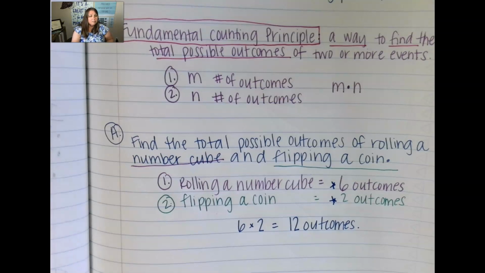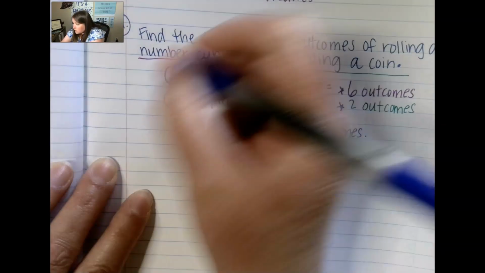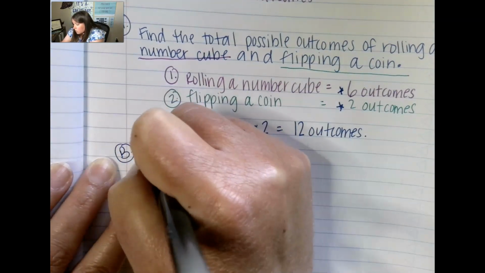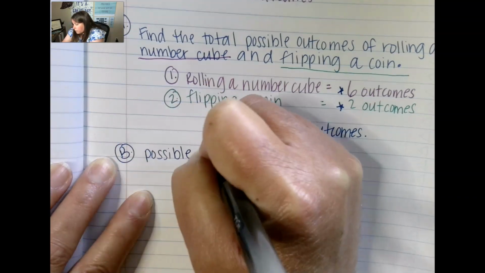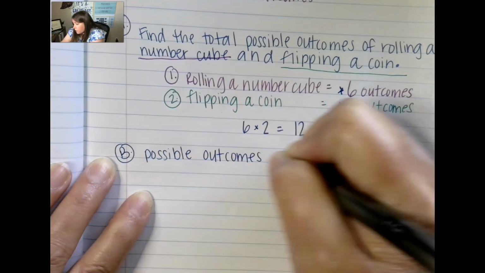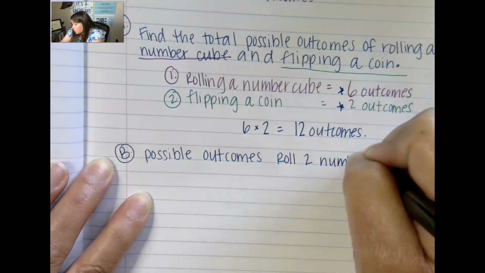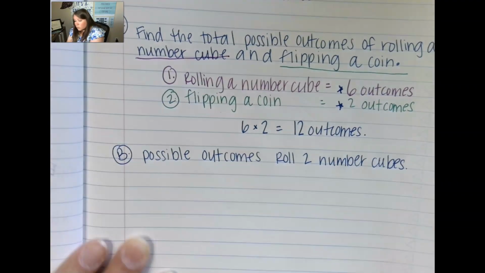Extra example number 2. Let's say I want to know how many possible outcomes I can have if I roll 2 number cubes.